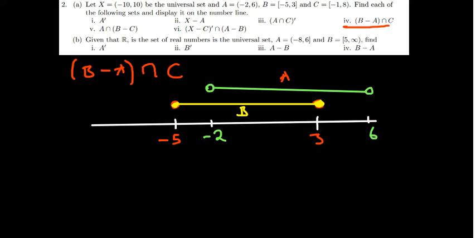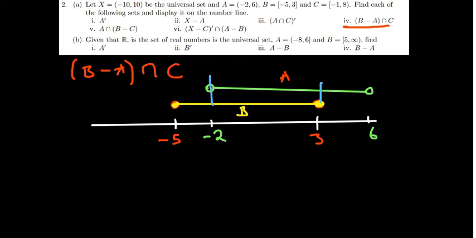Now if we are saying B minus A, what exactly does it mean? It means remove A from B, as simple as that sounds. So the way I do it is I'll just shade the common region. This part is the region that is common.